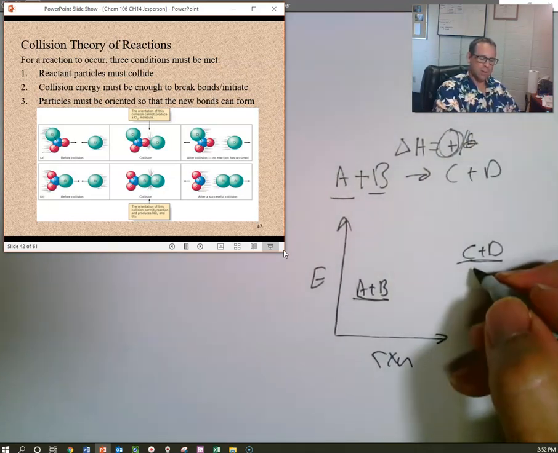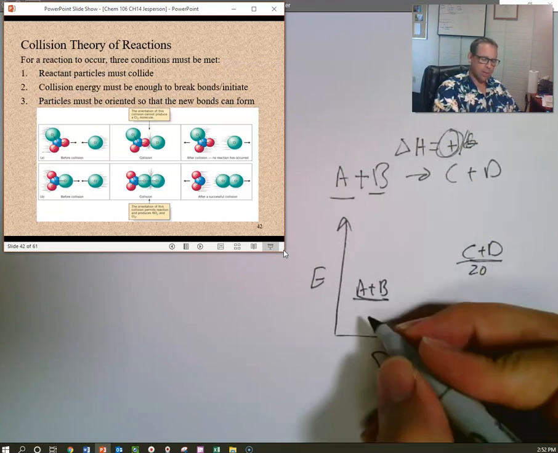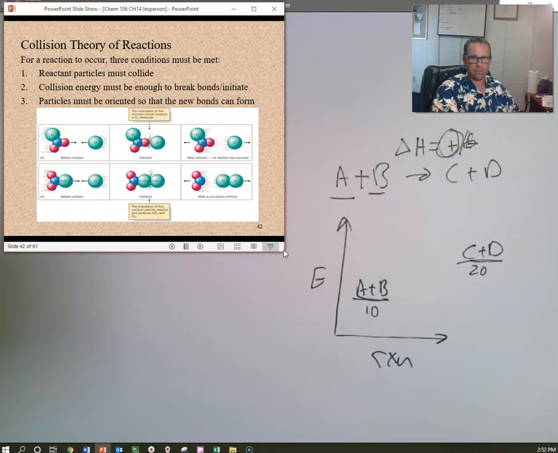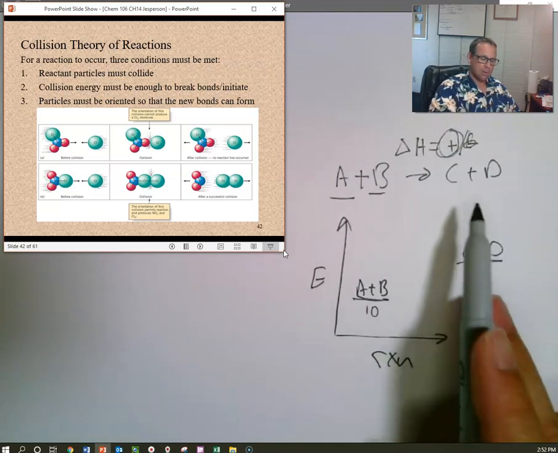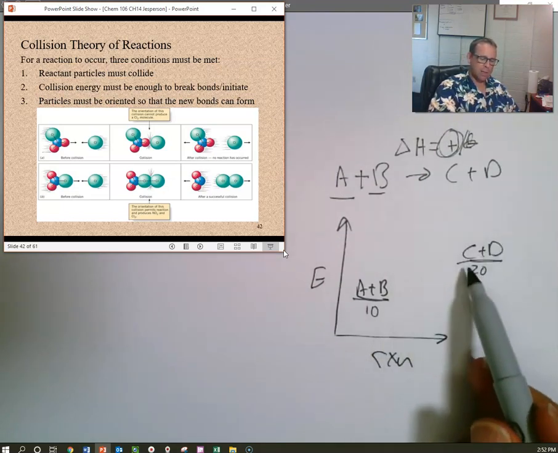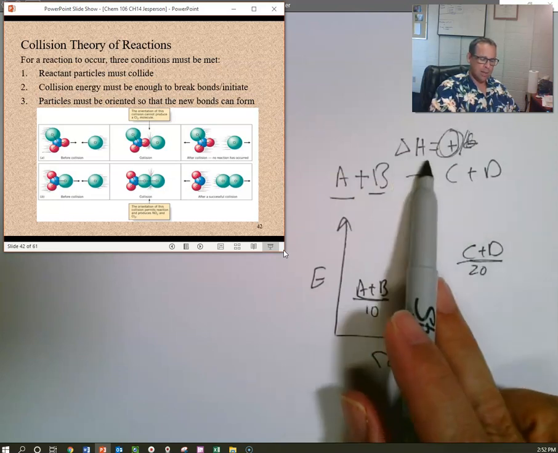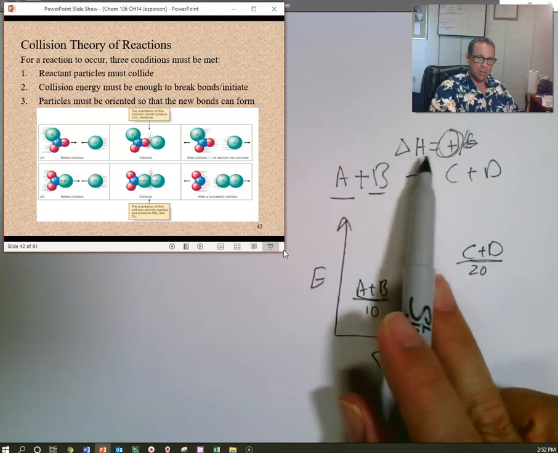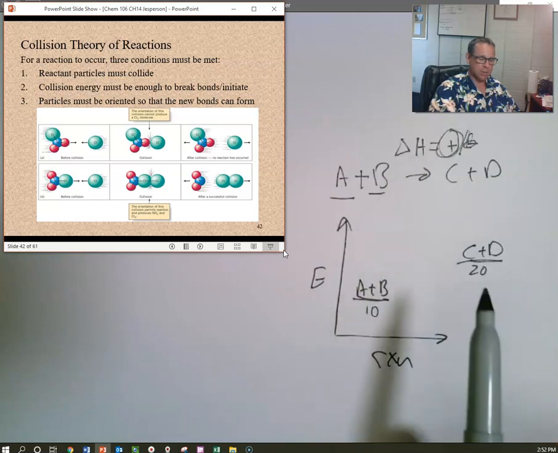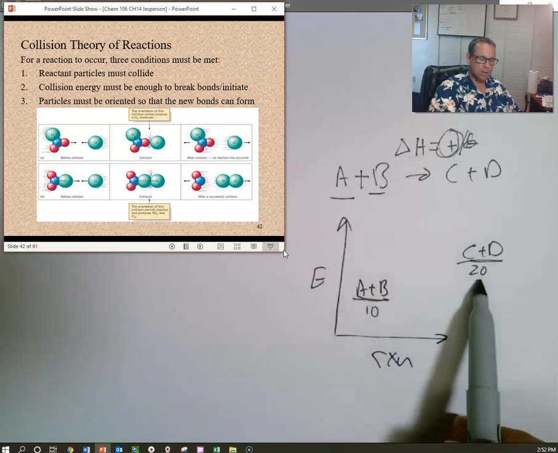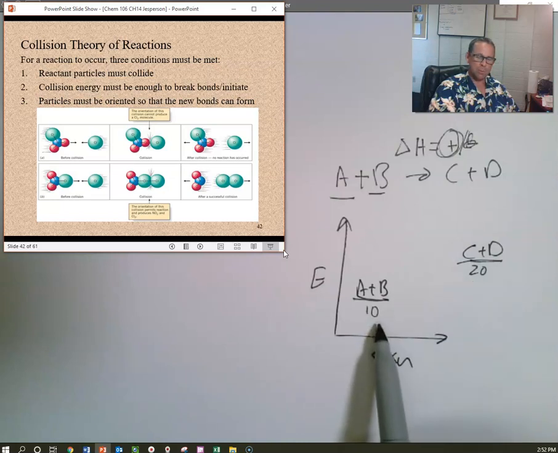If we put some values on here, let's say this is 20 and say this is 10, right? And the process goes from 10 to 20, then delta H, which is change in energy, change in heat energy specifically, is always products minus reactants.